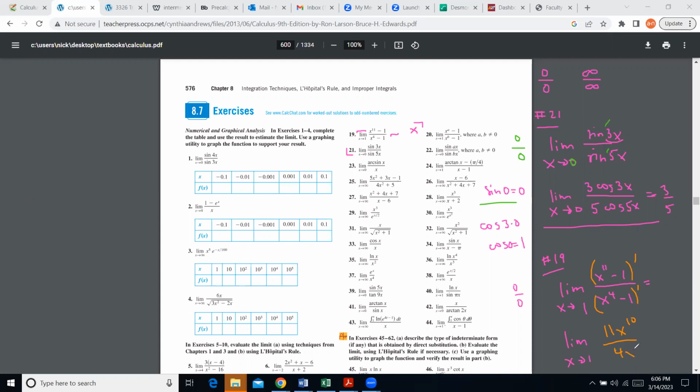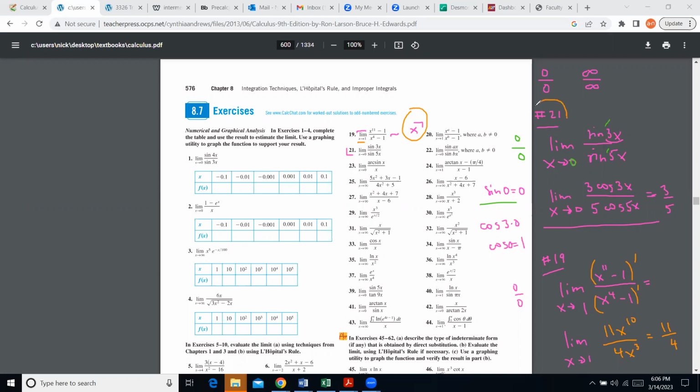And since x approaches 1, we get just 11 over 4 for our answer. Otherwise, it'd be kind of difficult to deal with this equivalence stuff, because we use it when x approaches infinity or 0. But since x approaches 1, that's not the way to go.